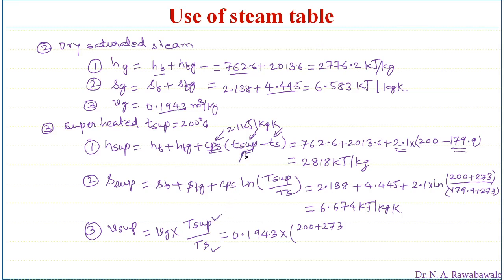To find out enthalpy of superheated steam, temperatures can be in degree Celsius or degree Kelvin, but here it must be in degree Kelvin. So divided by saturation temperature 179.9 plus 273. On simplification, we get this specific volume as 0.203 meter cube per kg. So this is how we find out enthalpy, entropy, and specific volume of steam.